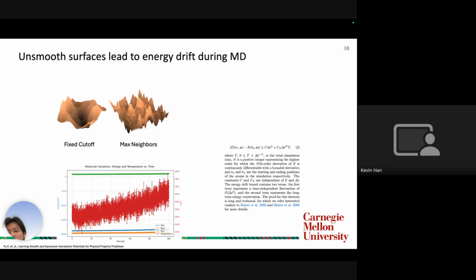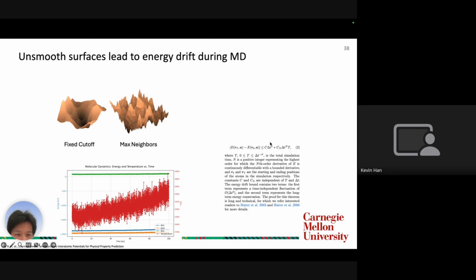And the answer to this question of why we care about smoothness can be found in a recent paper by Fairchem, the Eason paper, where they allude to a previous result showing that the total energy drift of a particular simulation over total time t is upper bounded by these two terms right here.